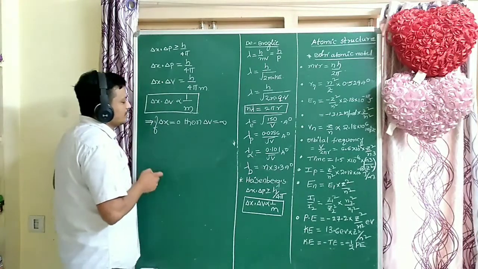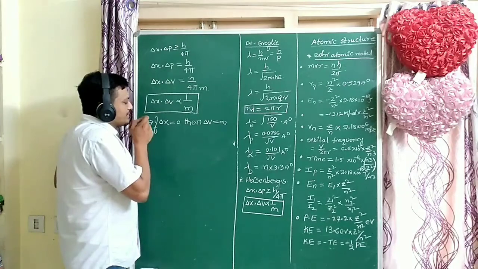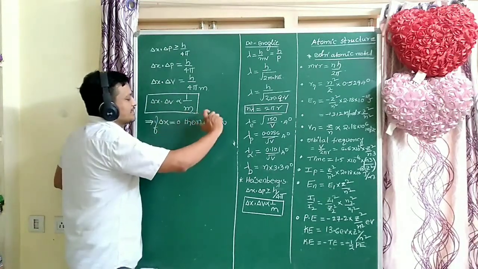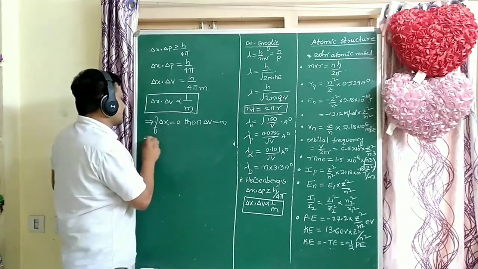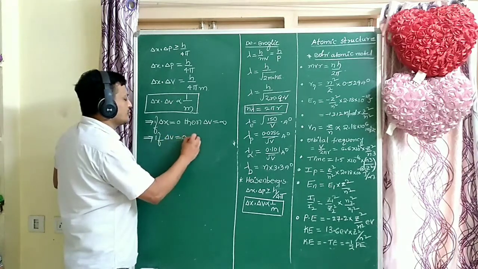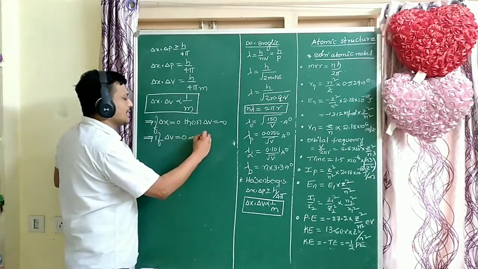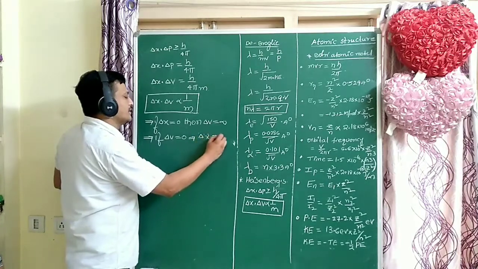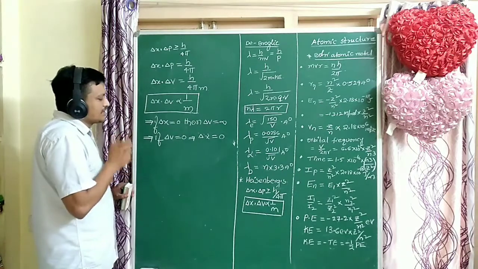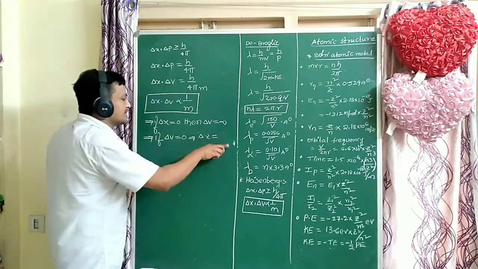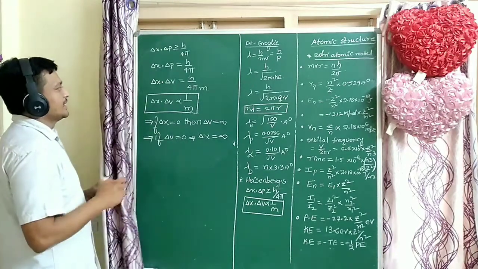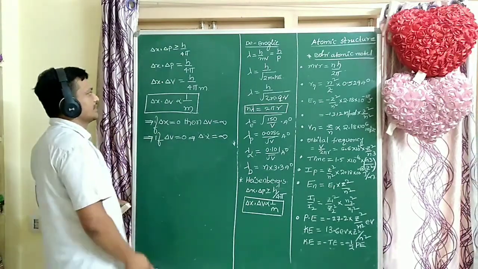The next condition is, if delta v equals 0, then delta x equals infinity. If we measure velocity 100% accurately, we cannot measure delta x. These are very, very important relations.